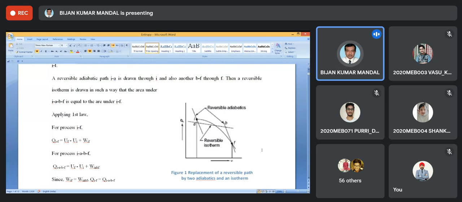Now what I want to do is replace this general curve, or any general process between I and F, by two reversible adiabatic processes and one reversible isothermal process. I think you know adiabatic process means no heat transfer, and reversible isothermal process means the temperature remains constant.